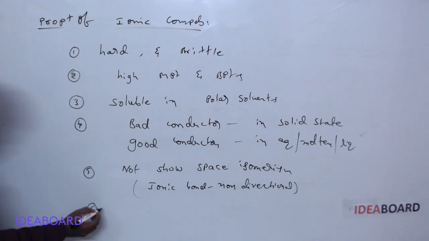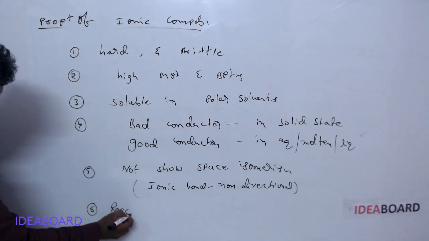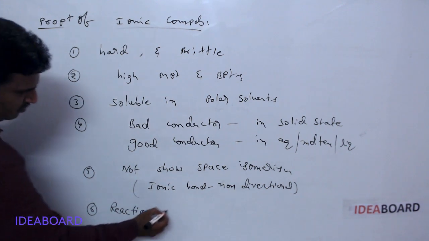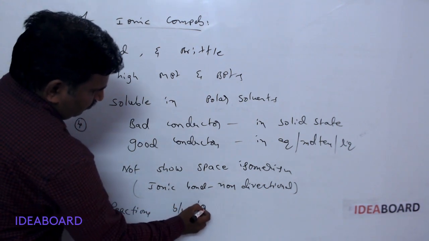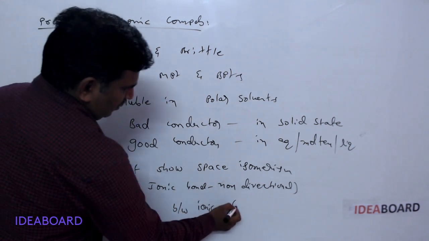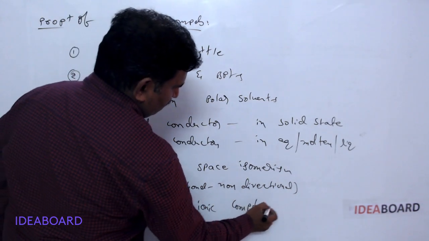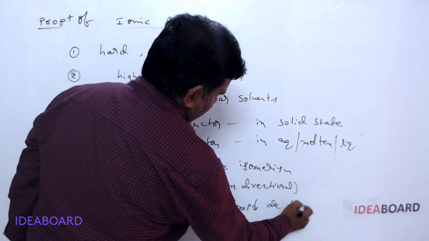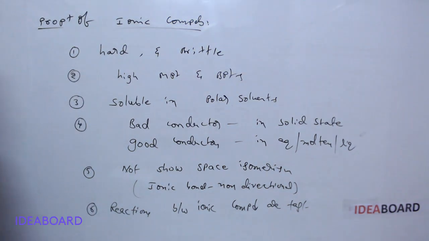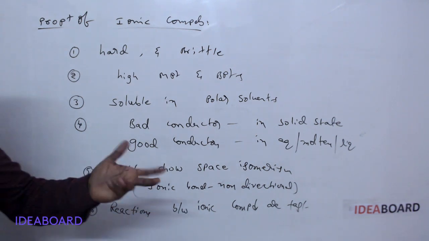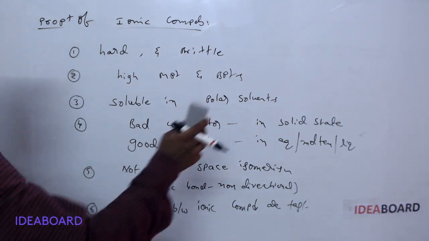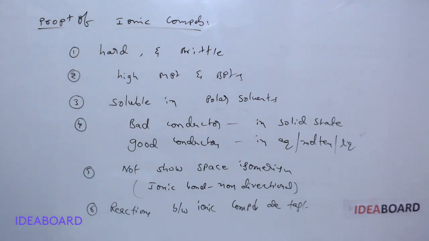And next one, reactions. The reactions between ionic compounds are fast. Okay, so the ionic reactions are very fast because free ions are present. Exchange of ions occurs easily, so the reactions are faster.